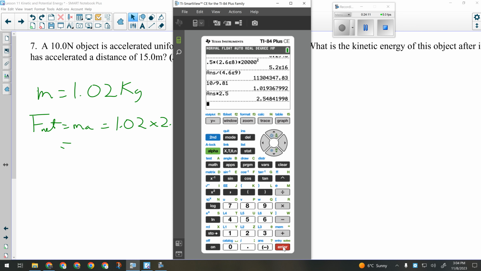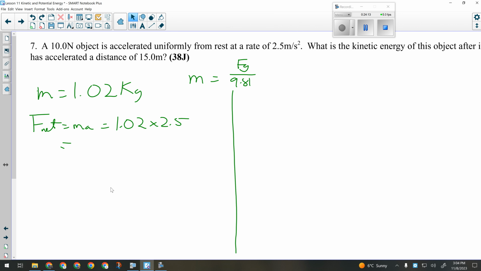There's my net force, 2.55 newtons. Net forces cause accelerations, which means net forces cause changes in kinetic energy. Agreed? So net forces do work, and work is a change in energy, in this case kinetic energy.